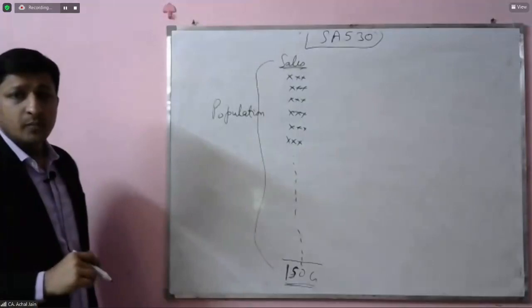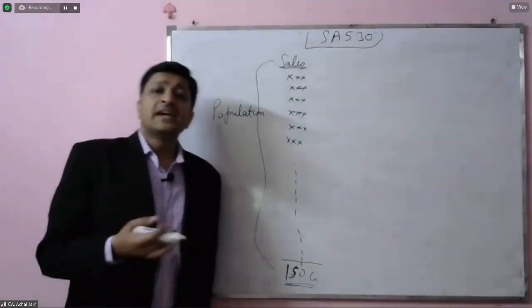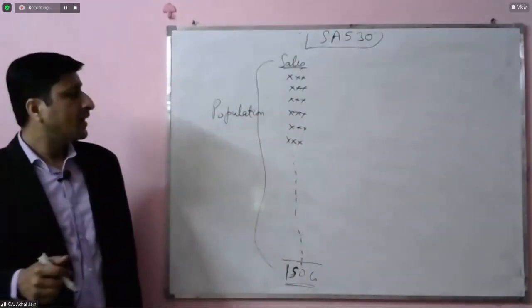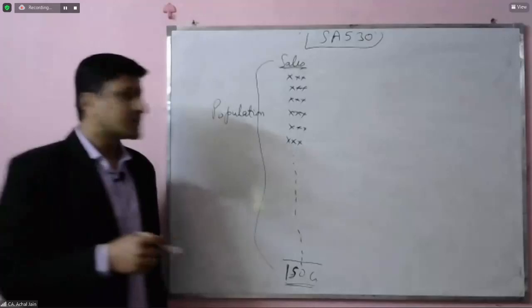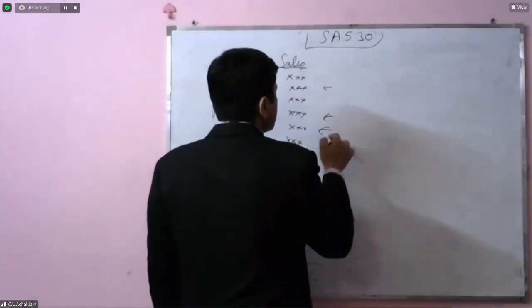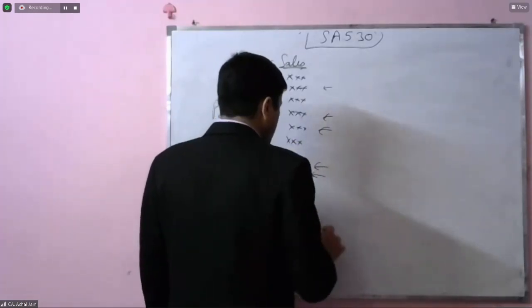Clear about the meaning of population? And because this entire data cannot be tested on 100% basis, that's why the auditor will pick up some samples. Let's suppose this one is selected, this one is selected, this one is selected, this one is selected, this one is selected.